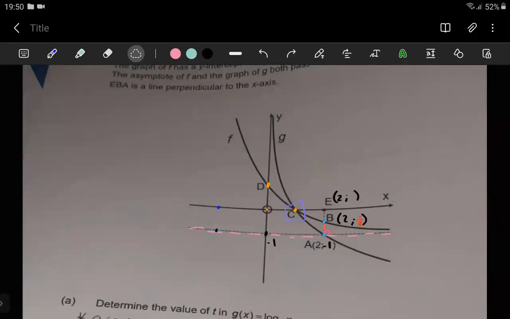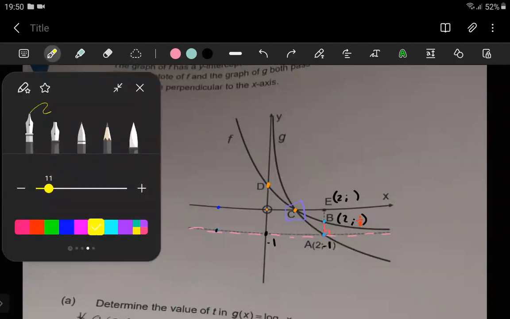So which y values does this graph go to? It's less than negative a half. Because if they're asking us for the range of f, they are basically asking us which y values this graph goes to.